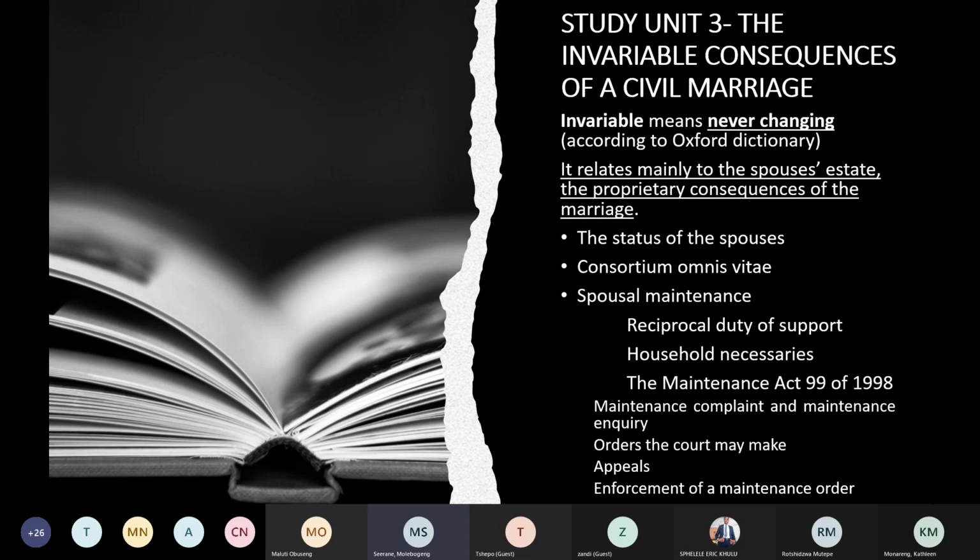The maintenance investigator is required to locate a person who is liable for the maintenance or who can provide relevant information, and take statements from anyone who may be able to assist with the maintenance investigation. So the maintenance investigator is the one who goes out in the field, finds out who the maintenance is made against, and finds out where the person works.